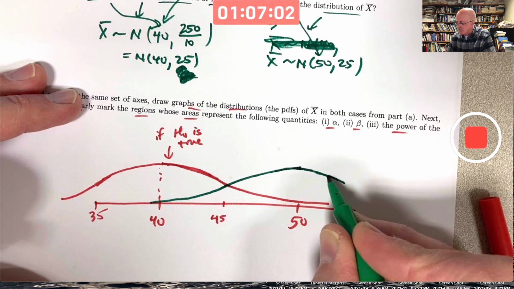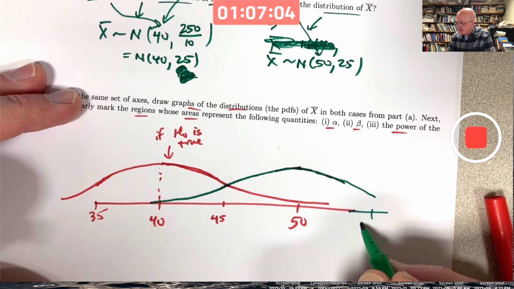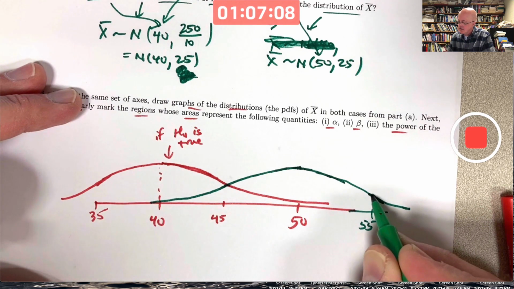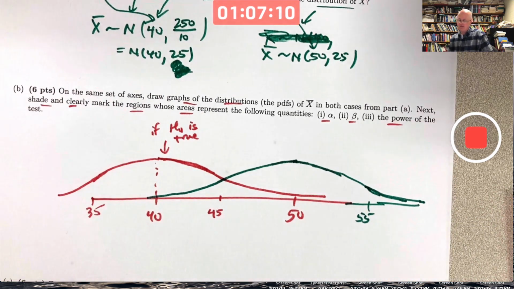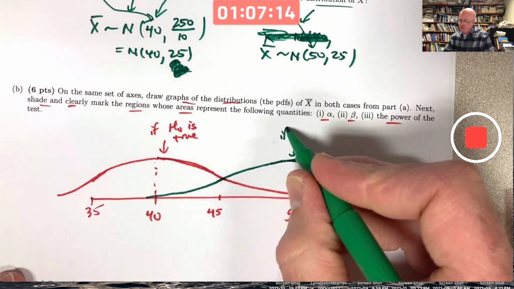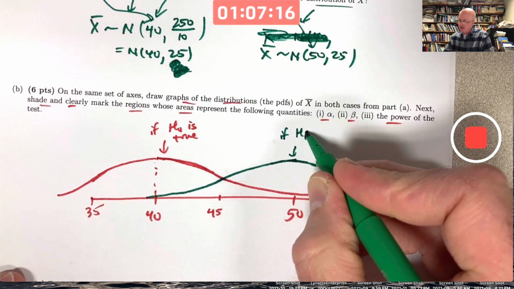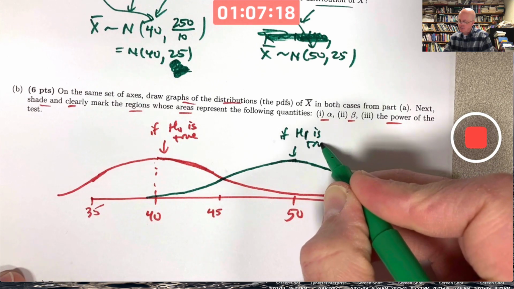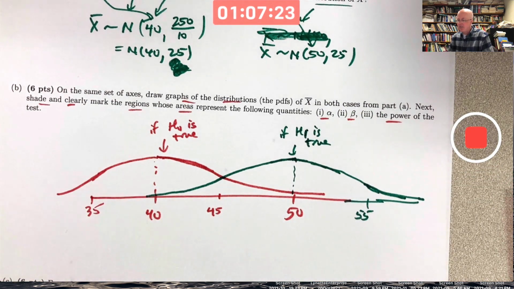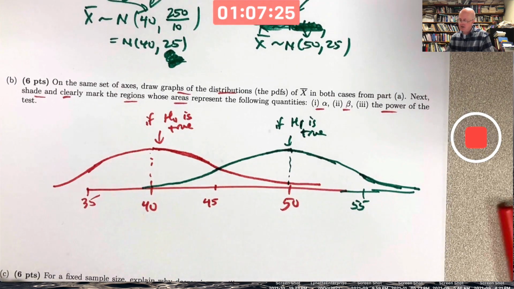I'm just trying to get the right idea. You don't have to get these inflection points exactly right. Over there, this is if H1 is true. Mu is really 50. This is centered on 50. These would be the sampling distributions of x bar.